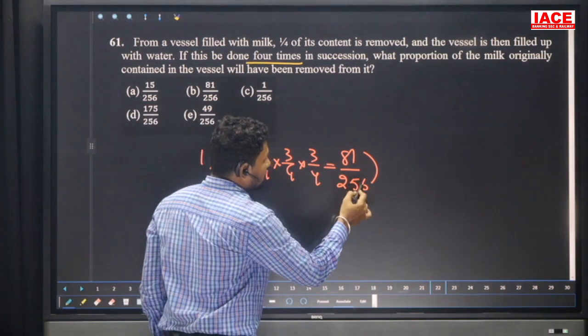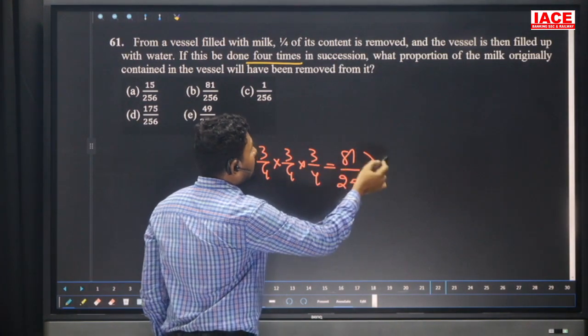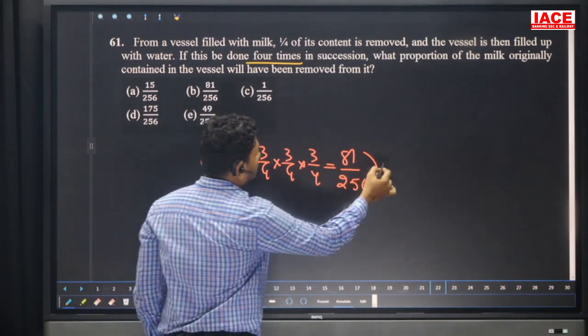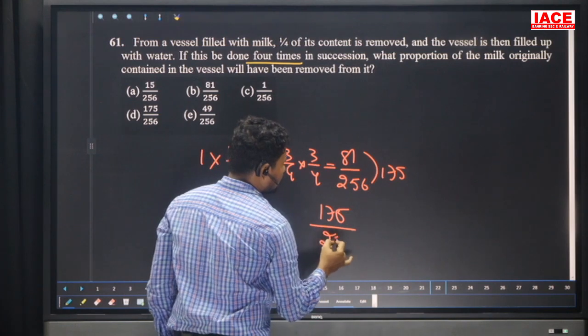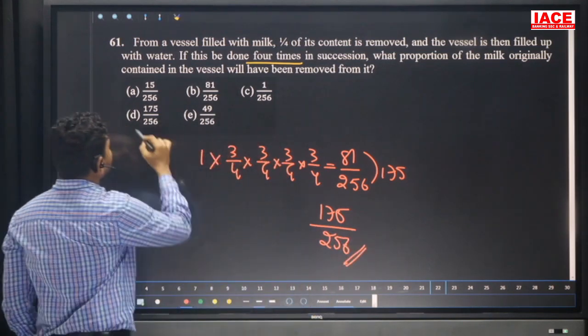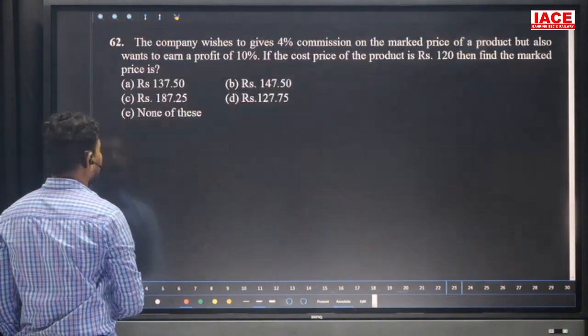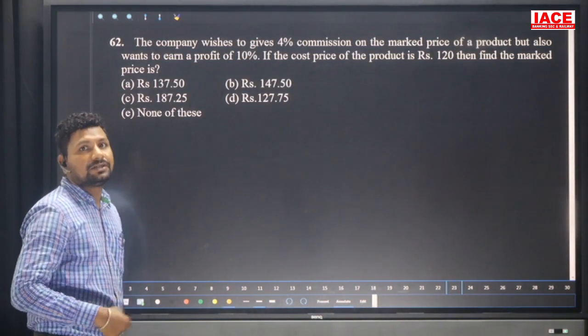So the total is 1 part. In this, removing 1 by 4th means 3 by 4th remains, so 3 by 4th, 3 by 4th, 3 by 4th and 3 by 4th, which is equal to 81 by 256. Out of 256, 81 parts belong to milk. What is the question? What proportion of the milk will have been removed? Out of 256, 81 parts are left, so the removed part is 175 parts. Then 175 by 256 is our answer. Then our option is D.